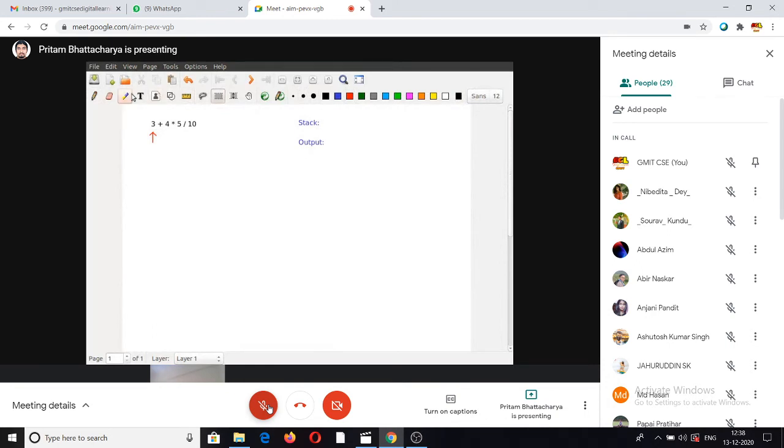Once you have an operand, you are supposed to just return it directly to the output. If it's an operand, it doesn't need to go into the stack. You can just directly add it to the output. So you add 3 here and you move on.